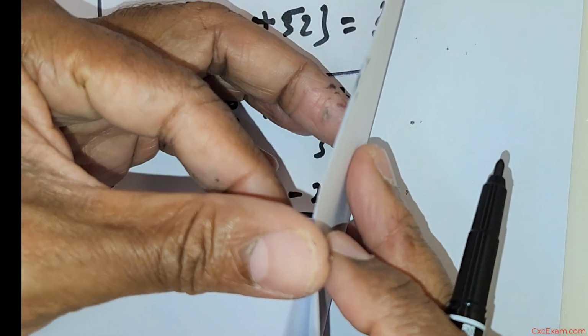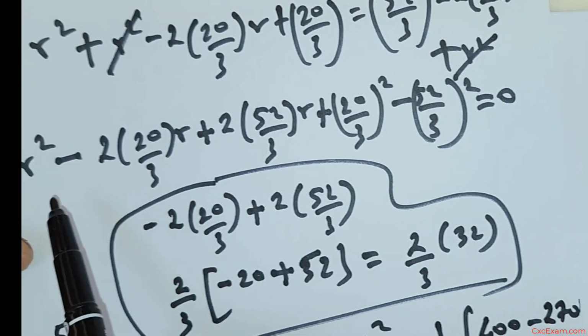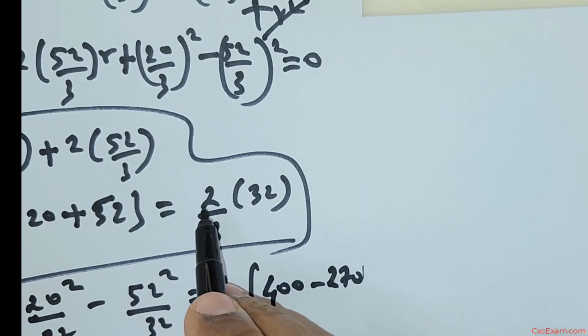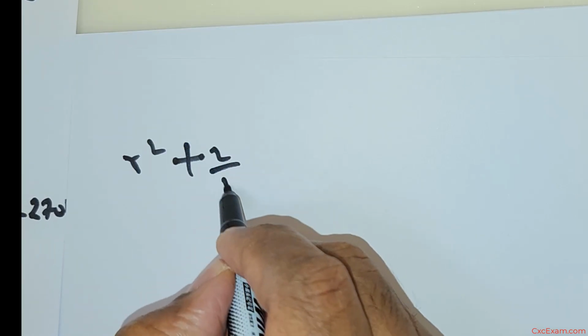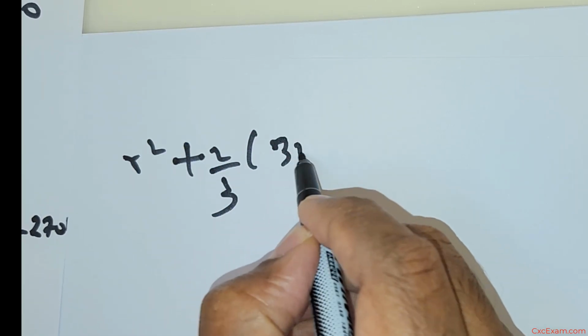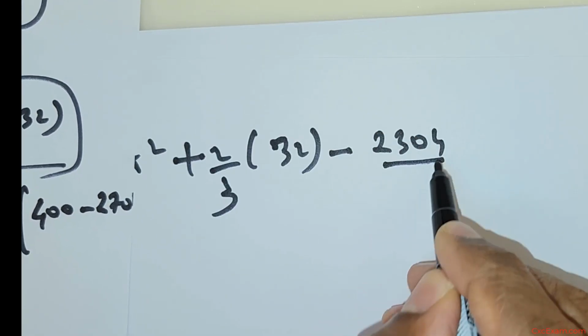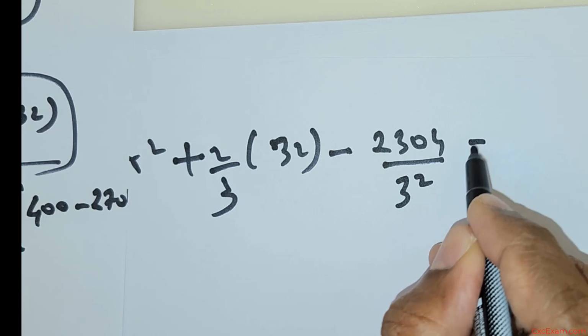If I were to go to the next side and write in this value, it's going to be r squared plus 2 over 3 times 32 r, minus 2304 over 3 squared, is equal to 0.